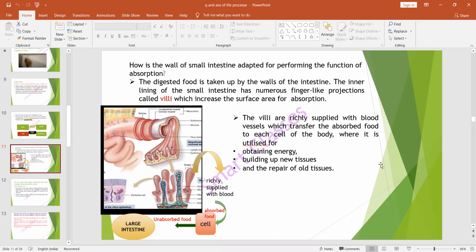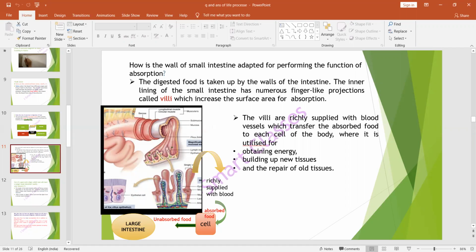If the surface is a little groovy, then the absorption that takes place is a little larger than what a flat surface has, right? So this is the point of understanding, that's why there is a formation of villi. This projected structure is called villi.